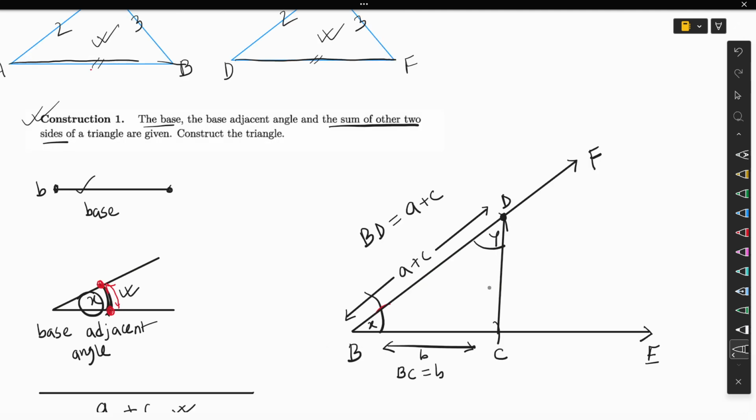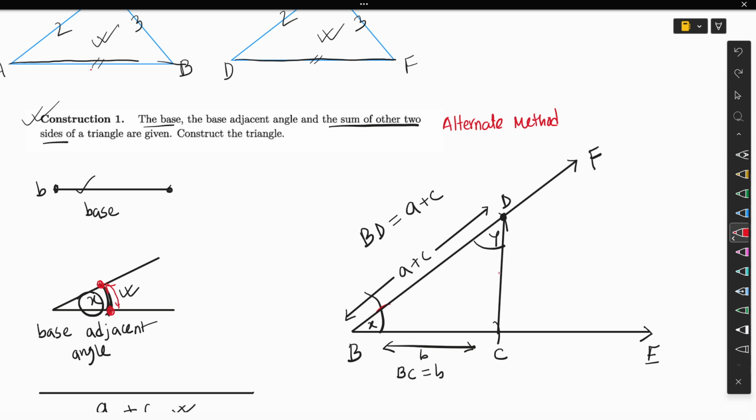Here we will draw the perpendicular bisector of DC. Alternate method. This is the alternate method.